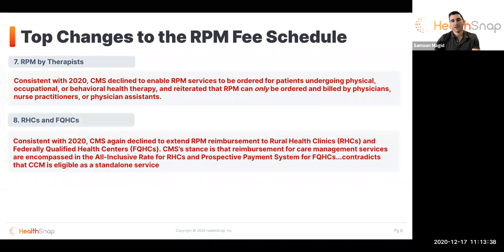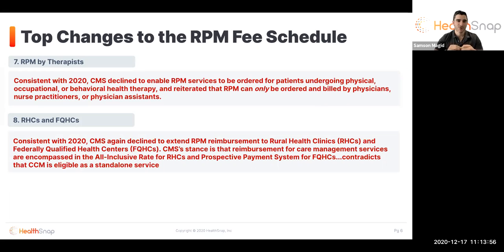And last but not least, this is a contradiction to CCM programs, the chronic care management programs, and is consistent with 2020. Unfortunately, we were hoping that there might be some changes for rural health centers and federally qualified health centers in 2021.